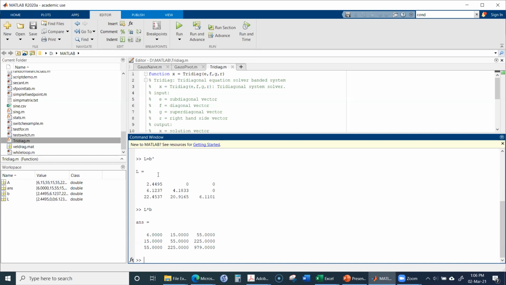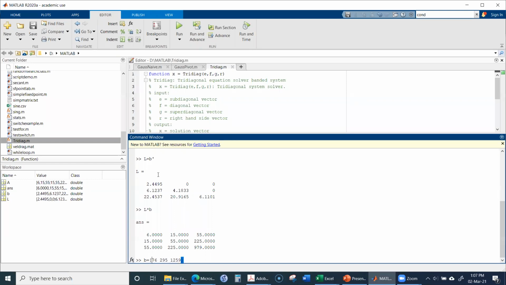This is actually a special kind of LU factorization. Suppose on the right-hand side the coefficients are 76, 295, 1259.